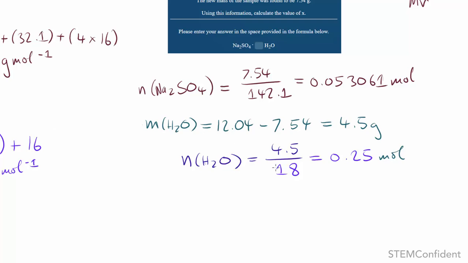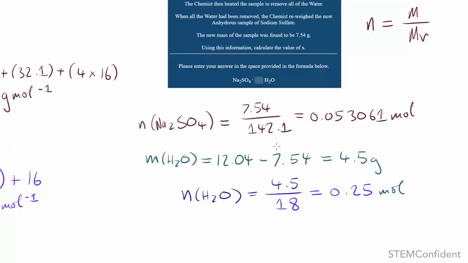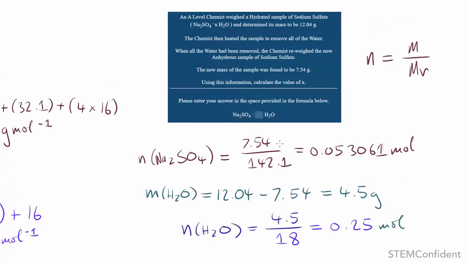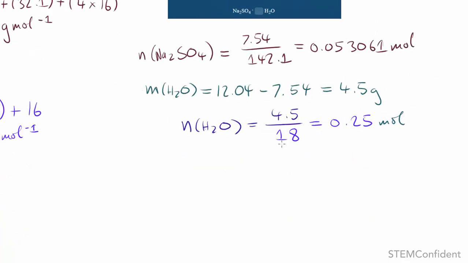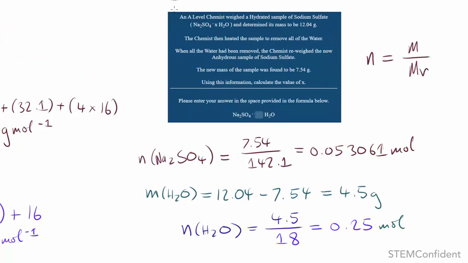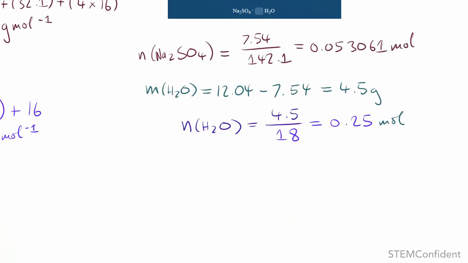Given all of this, what we want to do at this stage is compare the moles for the Na₂SO₄ and the H2O, right? To really get closer to answering the question of, well, for every 1 mole of Na₂SO₄, how many moles of H2O? So, Na₂SO₄ here, we can see it's on the left hand side, H2O is on the right, so I'm going to follow the same convention here.